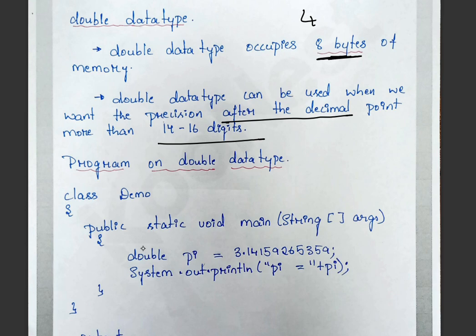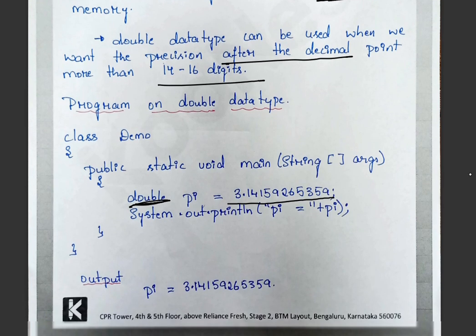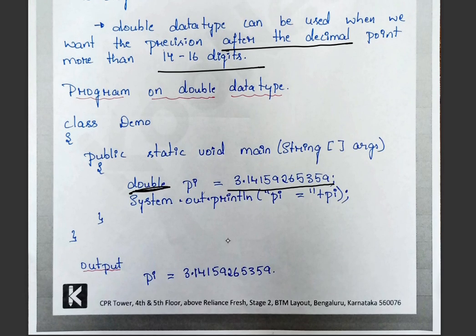Here we see public static, we use the keyword double, pi equals 1.34 and so on. This is a large number and it occupies a large amount of memory. So just print it. This is the difference between float and double.